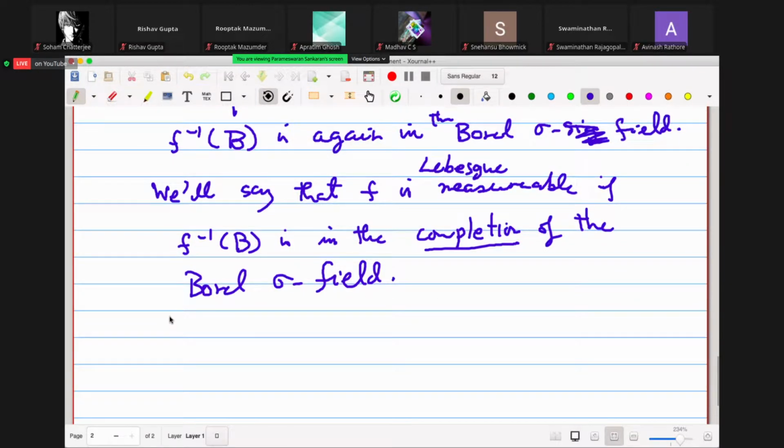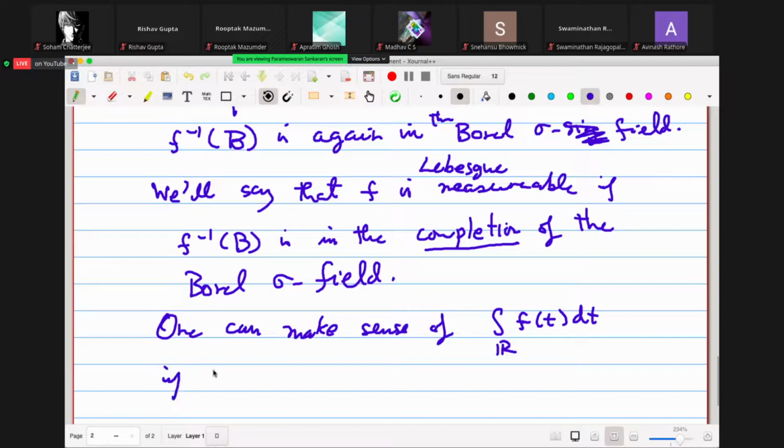When F is Lebesgue measurable, one can make sense of the symbol integral over R of f(t) dt, or just f(t) dt.